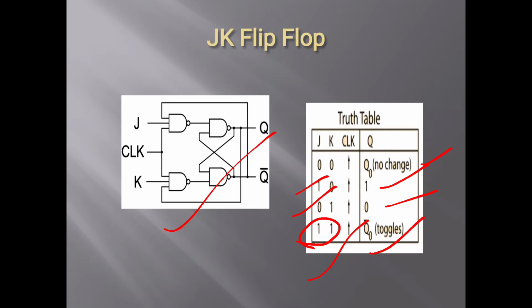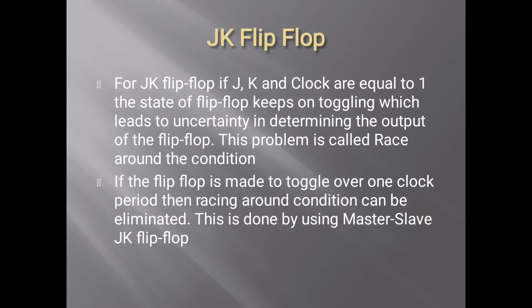But in JK flip-flop, a condition called race around condition occurs. For the JK flip-flop, if J and K and clock are equal to 1, the state of the flip-flop keeps on toggling, which leads to uncertainty in determining the output of the flip-flop, which is called race around condition.